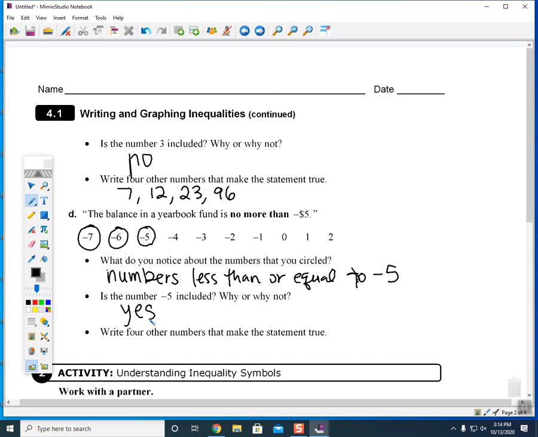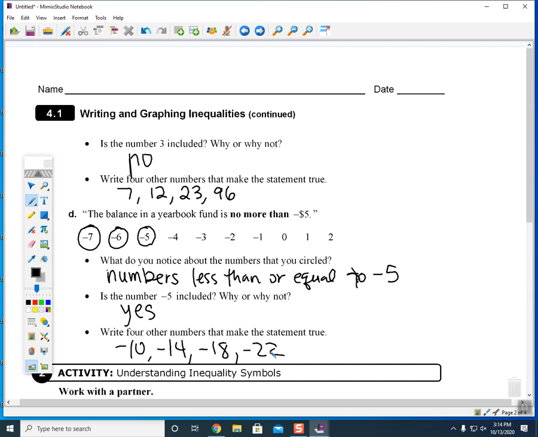Okay, and we're going to write 4 other numbers that make the statement true. So negative 10, negative 14, negative 18, and negative 22. Right? 4 other numbers, all of them less than or equal to negative 5.